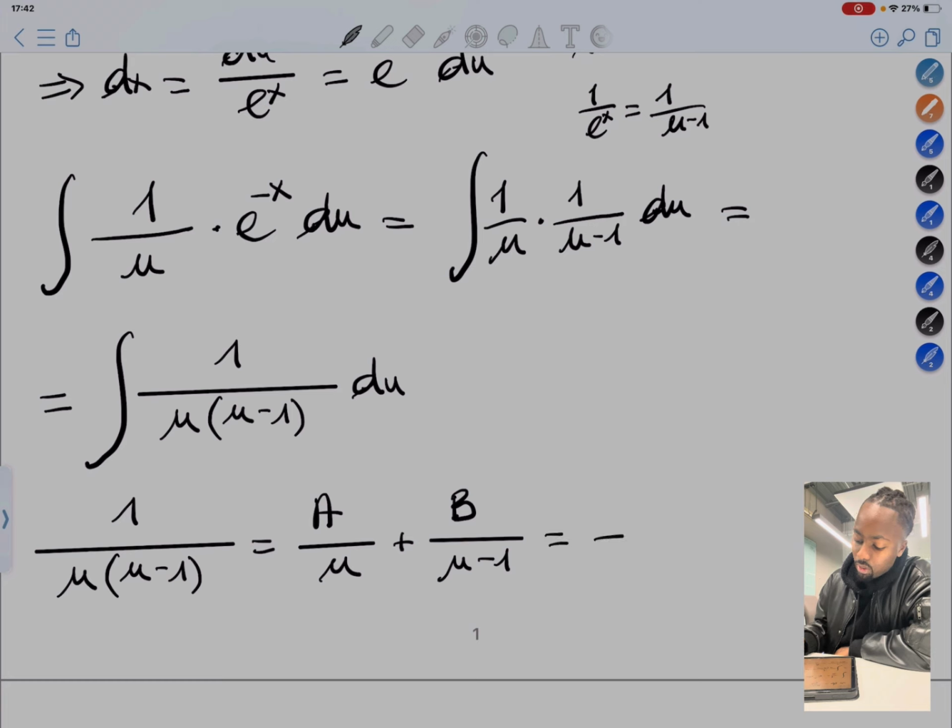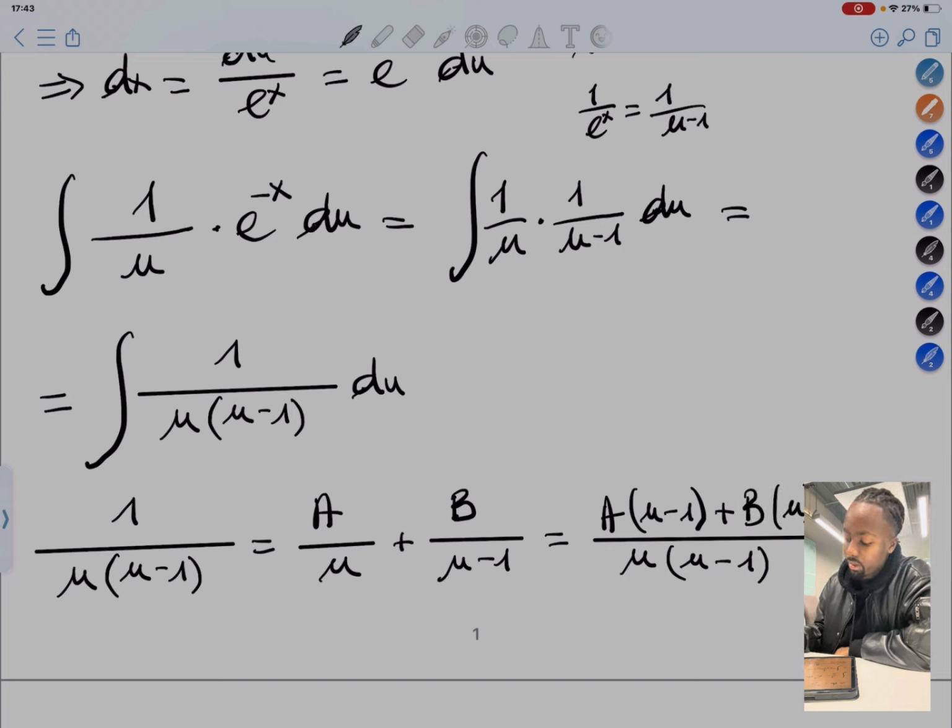Now if we make a single denominator, we're gonna have u times u minus 1 here, and then the numerator would be a times u minus 1 plus b times u, basically.